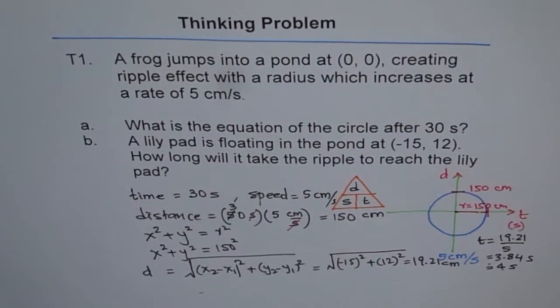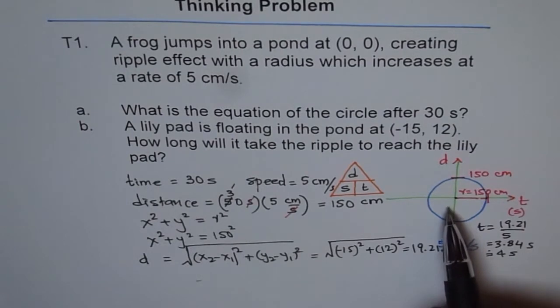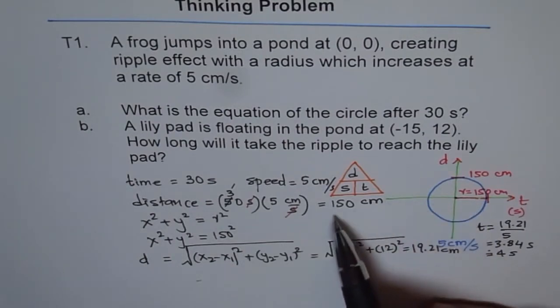Good. I hope you understand the concept. So what did we do here? First thing is sketch. Try to get a picture of what is going to happen. You can see the frog jumps at the origin, ripple is being produced. So you find after 30 seconds how far the ripple will reach. We found that distance by multiplying 30 into 5 centimeters per second, and we got 150.